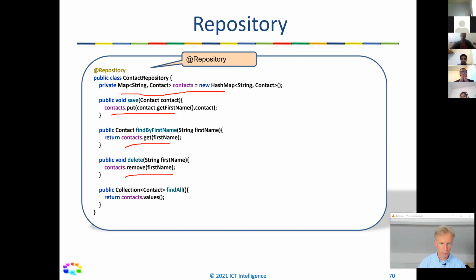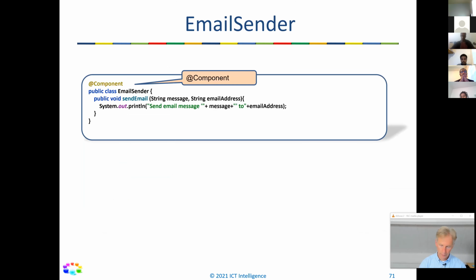And find all returns a collection of all the contacts. That's my repository, annotated with @Repository. I also have an email sender, annotated with @Component, and it has a method sendEmail with a message and an email address, and it just does a System.out.println. Just mimicking if I send an email.